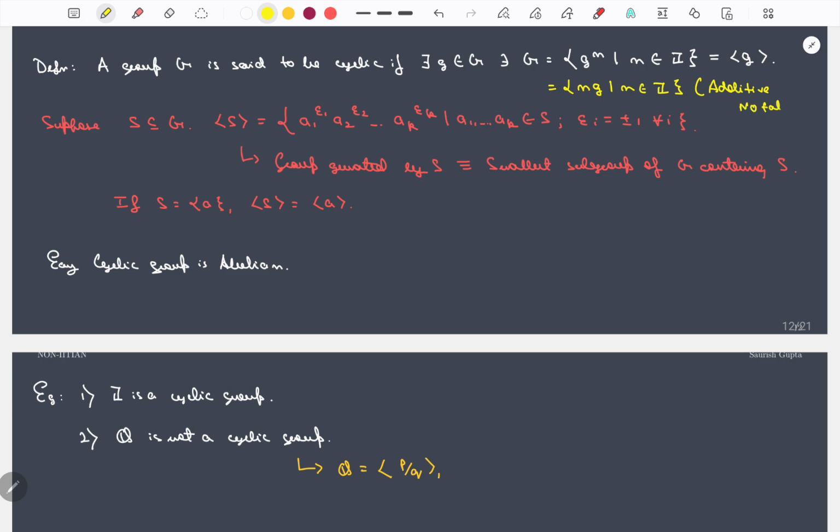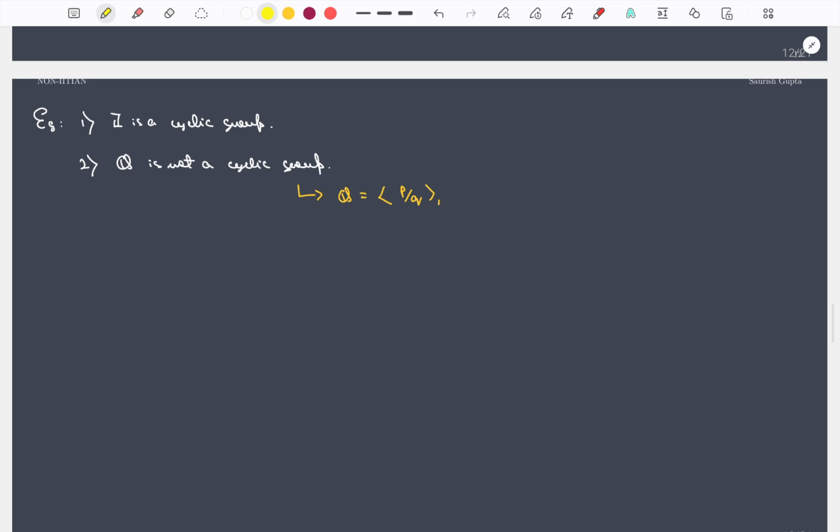I hope it's clear at this point, so I won't be able to repeat it every time, but I hope you are getting familiar with this. So here we have additive notation. What does this mean? This means that n times p over q must obviously be in Q, n plus 1 times p over q is obviously in Q, and n plus 1 times p over q plus n times p over q, divided by 2, this is also a rational number, right?